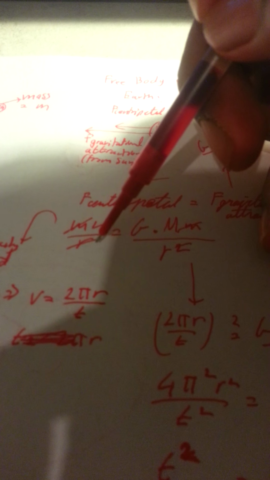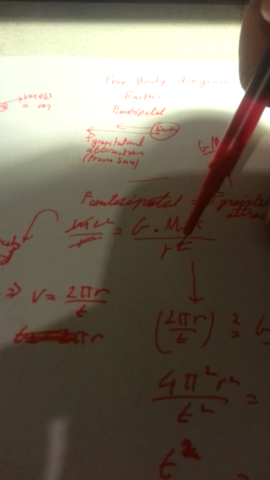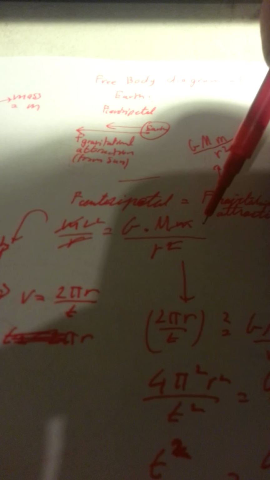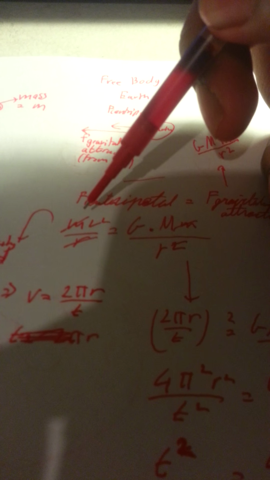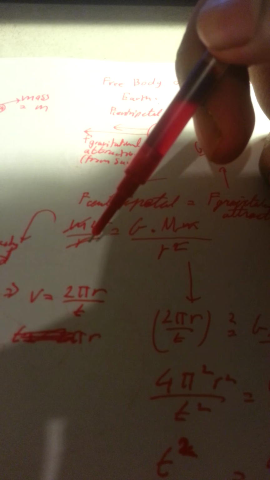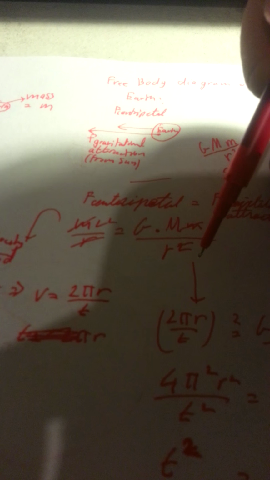So we have this thing equal to this thing, right? Now the mass of the Earth on both sides of the equation cancels out, and one of the r's on one side cancels out with one of the r's on the other side.